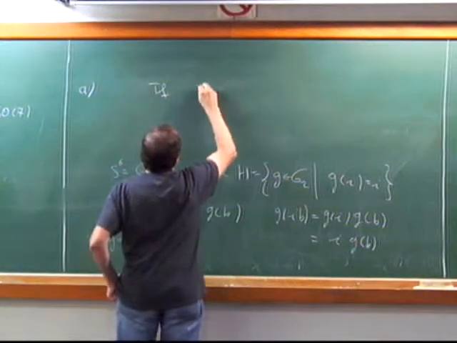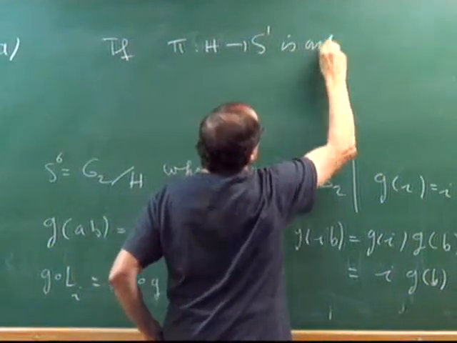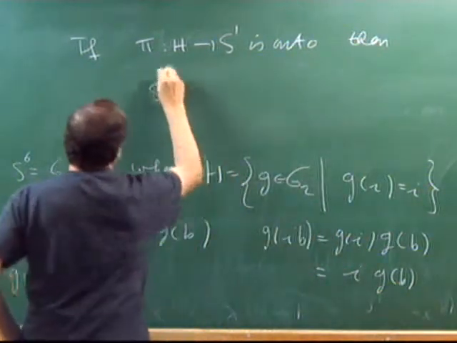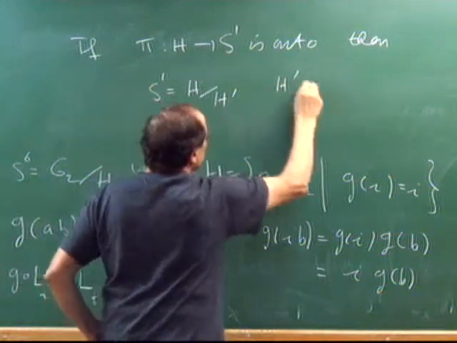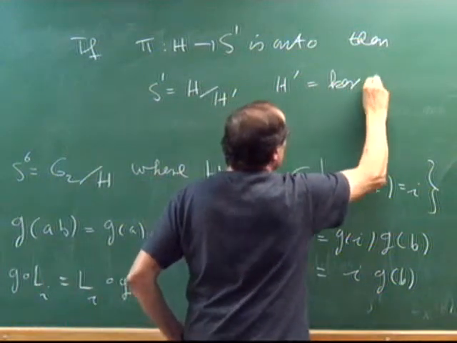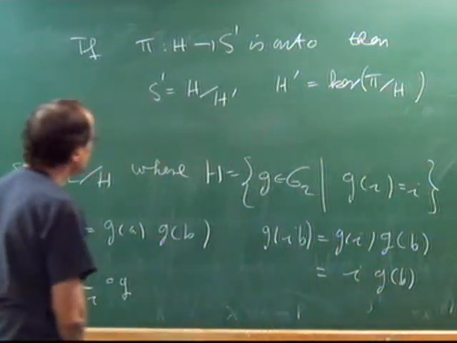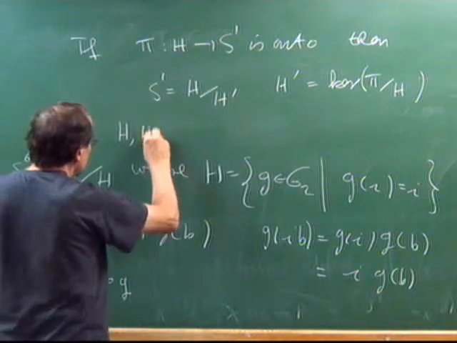So if pi from H to S1 is onto, then I claim S1 is H mod H prime, where H prime is just the kernel of pi restricted to H. This is onto, that's clear. But H and H prime are compact.